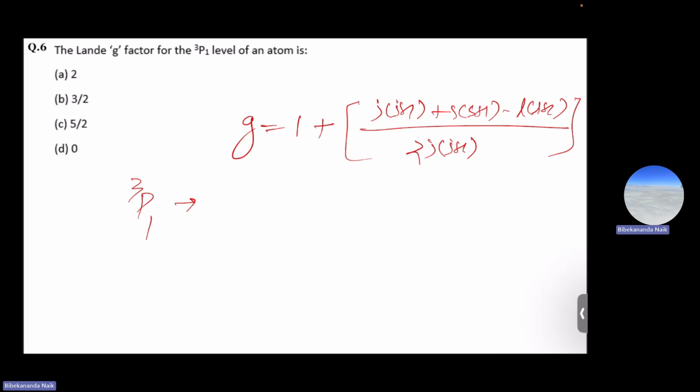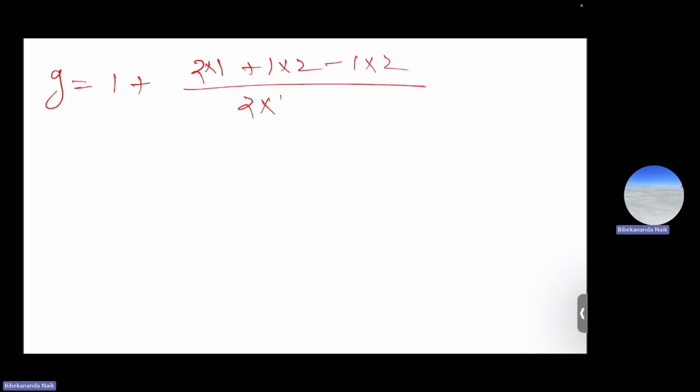So for 3P1, what are the values of S, J and L? So 2S plus 1 is 3, so S is 1, L is again 1 for P, and J is 1. If you put these values, so g will be 1 plus 1 into 2 plus 1 into 2 minus 1 into 2 divided by 2 into 1 into 2.